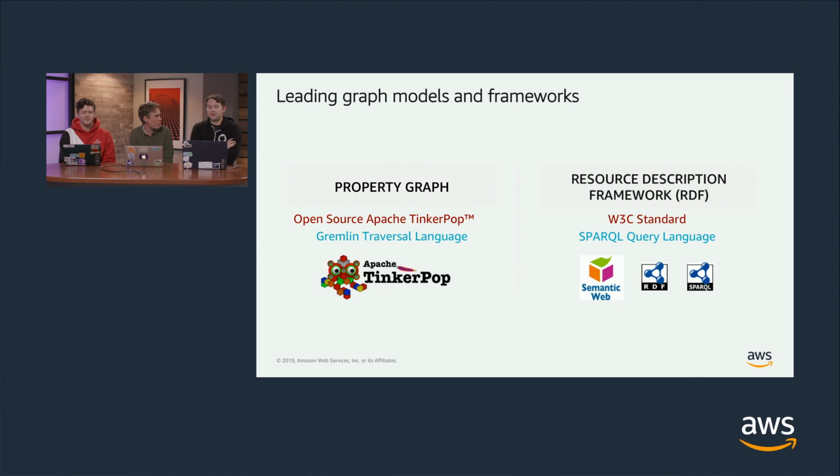With property graphs, people typically think of nodes and edges, and nodes and edges both have properties. In RDF graphs, as we've talked about extensively, they have this history in resource description, so they have these IRIs and other things. But in general we find that developers tend to resonate towards property graph.